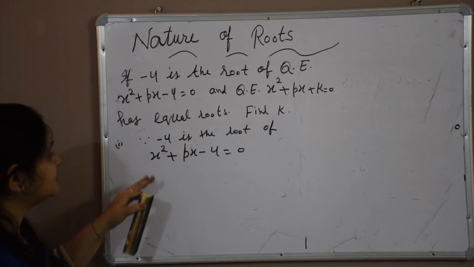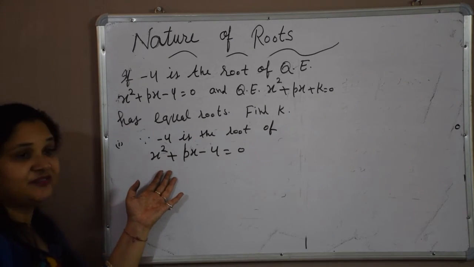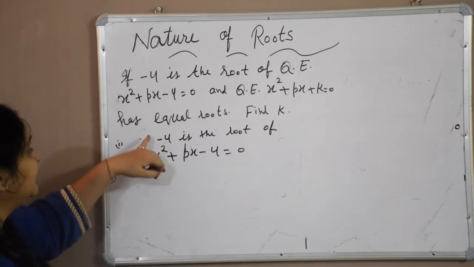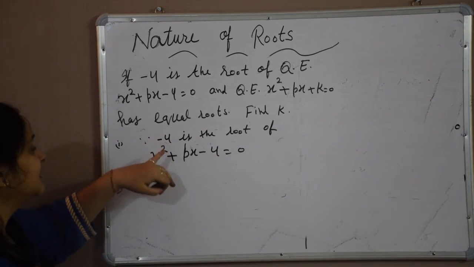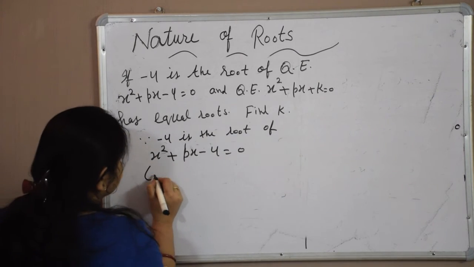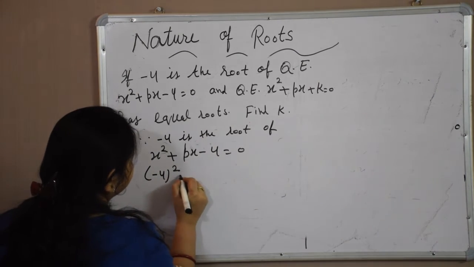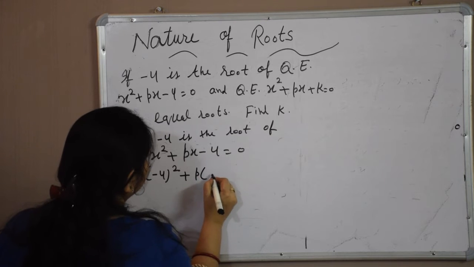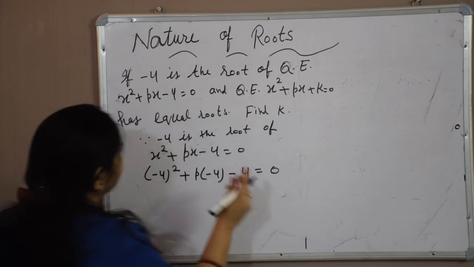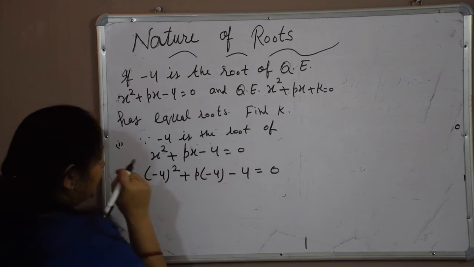I think you understood, because whenever we are finding roots, it always gives us two values of x, and here one value is already given, so it will definitely satisfy the given equation. So (minus 4) square plus p into minus 4 minus 4 equal to 0, because this is already given equal to 0.